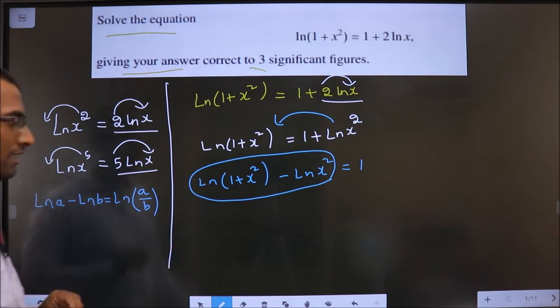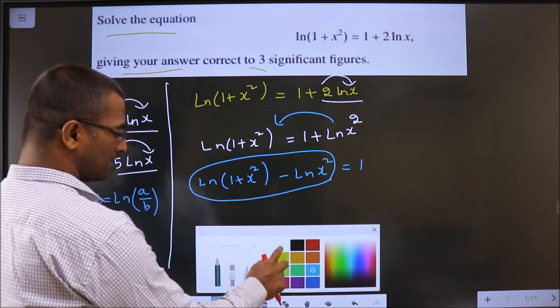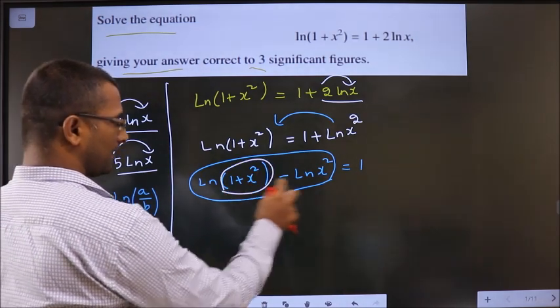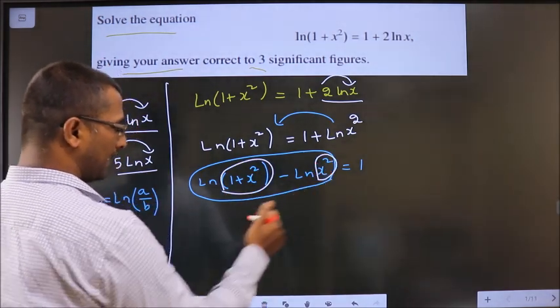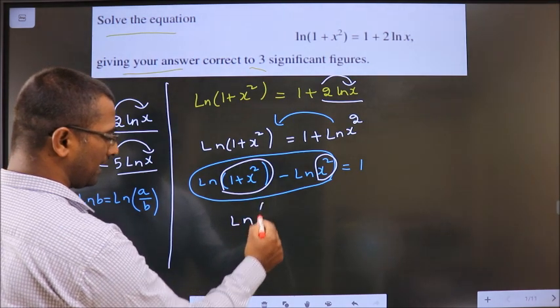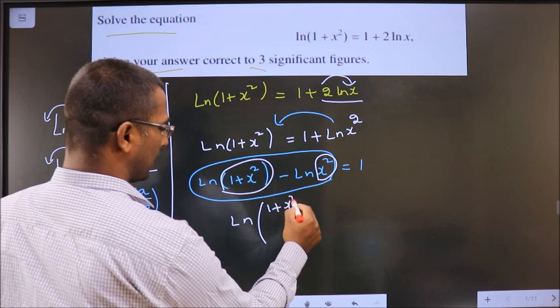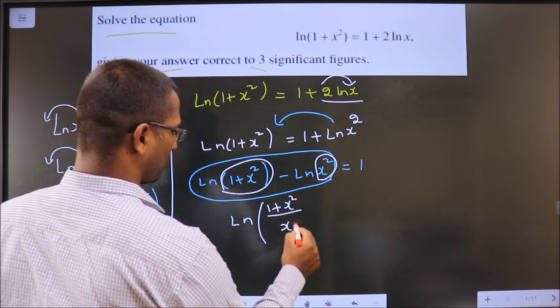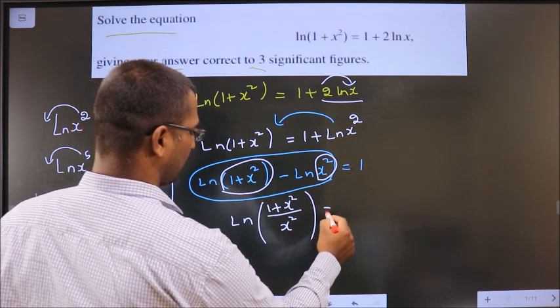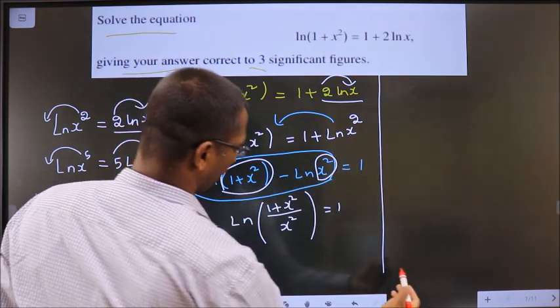Apply that here. This entire thing is a, this is b. So ln a − ln b will be ln(a/b). So ln((1 + x²)/x²) = 1.